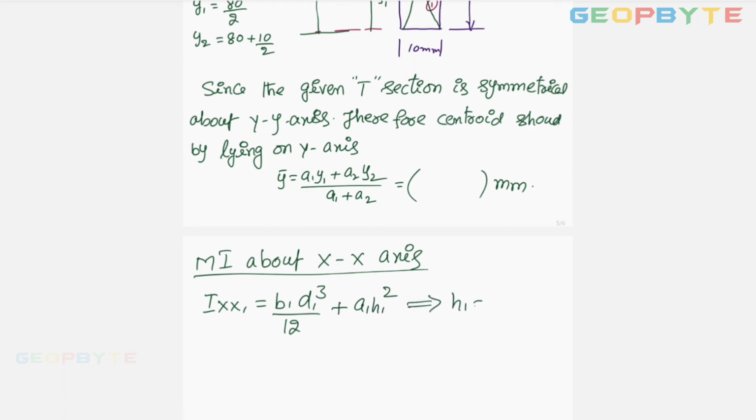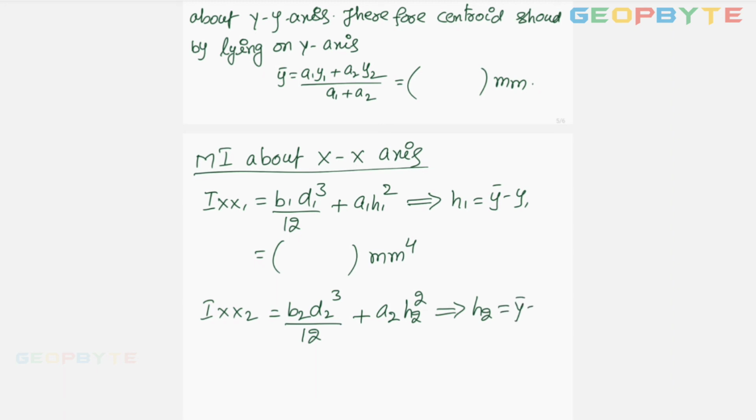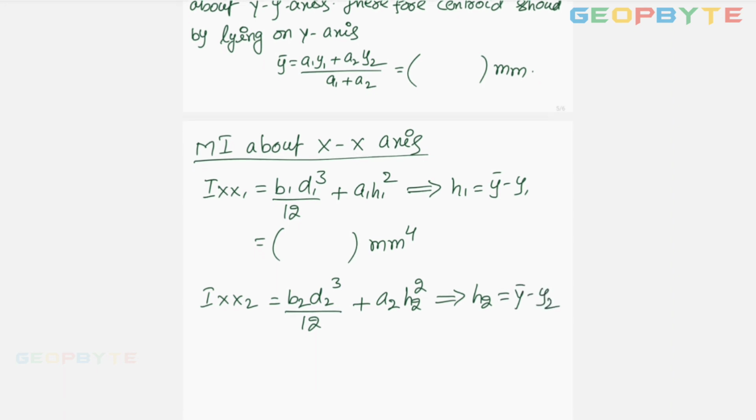Here h1 equal to y bar minus y1. It gives in mm power 4. Similarly, Ixx2 equal to b2 d2 cube by 12 plus a2 h2 square. For this case, h2 equal to y bar minus y2.